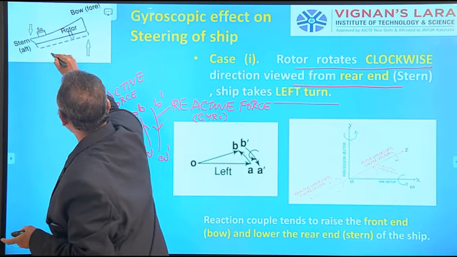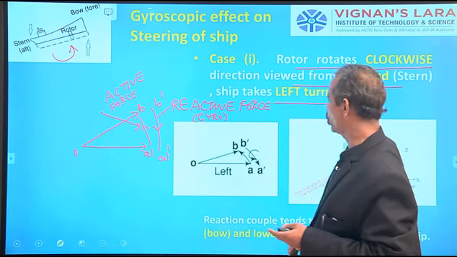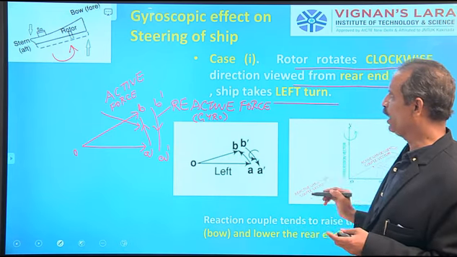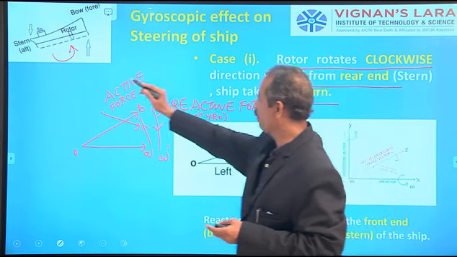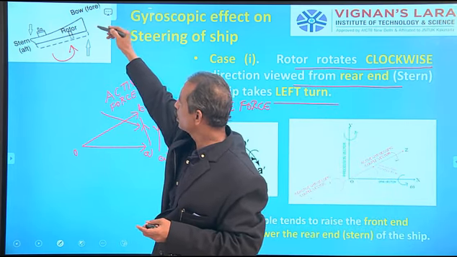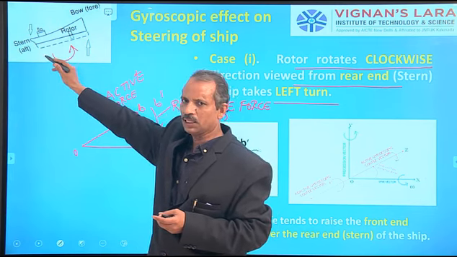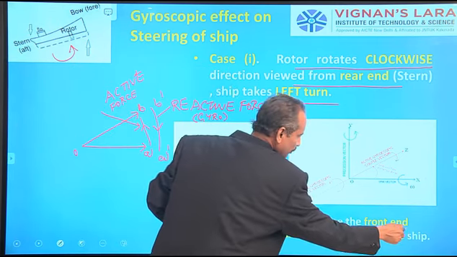Now, if I apply a counterclockwise direction force on the ship, as it is this force, if I apply here, what will happen? The bow rises and the stern moves down. The same effect I have written here.